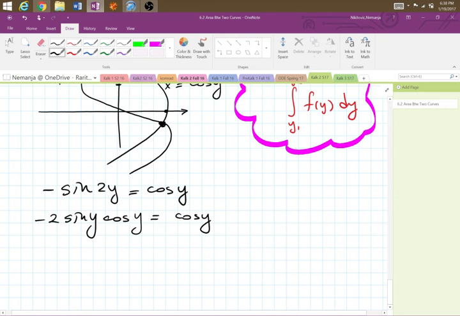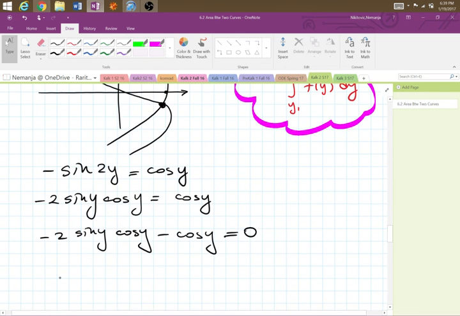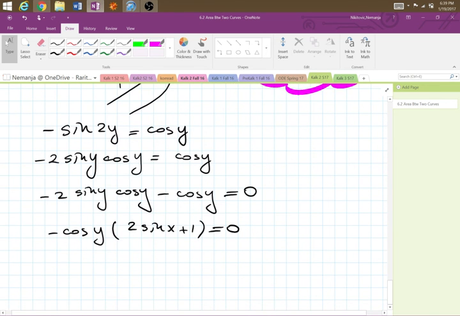in equations. What is the way that we should do this? Move cosine to the other side, factor it out, and then each factor gets set equal to 0. So now when I move cosine to the other side, I can factor that cosine, here negative cosine, and I'm left with 2 sine y plus 1 equal to 0, not xy.